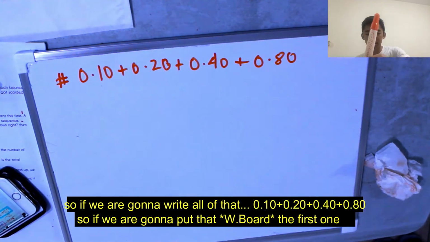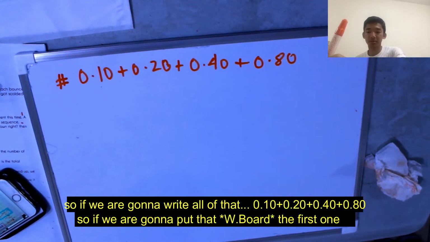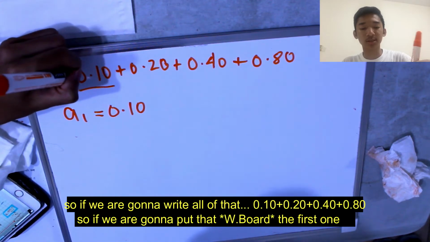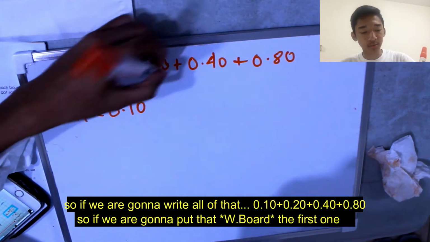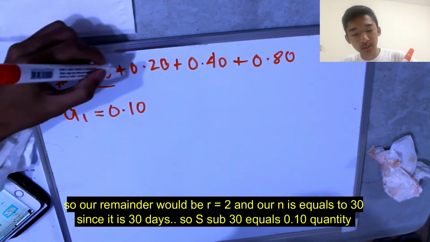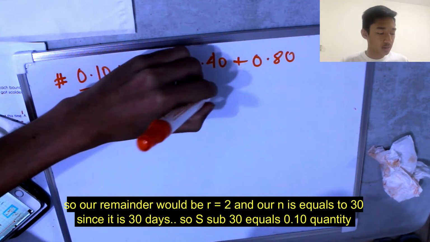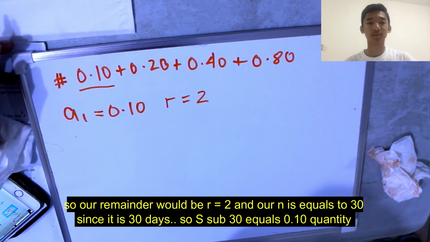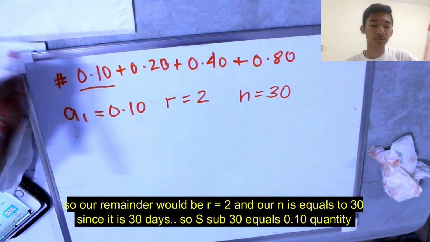So if we're going to put that on the paper, the first is A sub 1, which is 0.10. So we write 0.10 plus 0.20 plus 0.40 plus 0.80. So of course our R equals 2. And our n, which is the 1 month or 30 days, that is our n. N equals 30 days. Just 30.